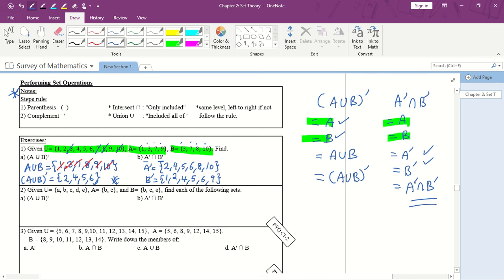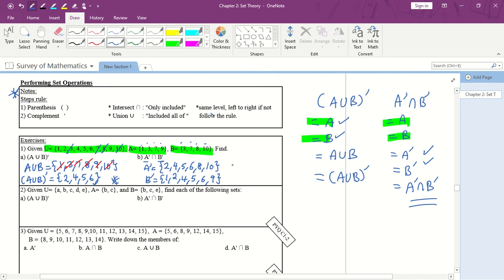Now we found A prime, we found B prime, and the last step, we need to find A prime intersect B prime. So what does intersect mean? Intersect means the things that are in both A prime and B prime.